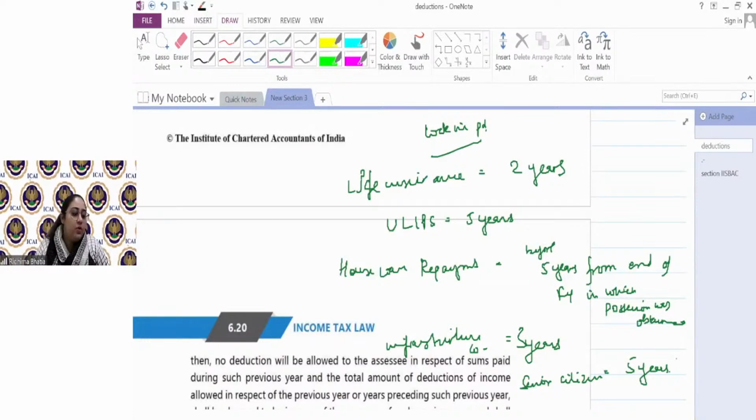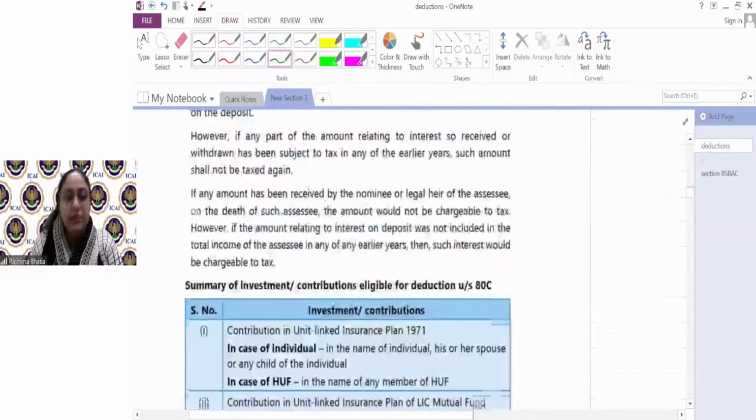Okay, so this is all about section 80C, which has different types of investment options available, and an assessee can make investment in whatever option is suitable for him or her. Once, guys, quickly go through the list. Anywhere you have a doubt, please ask.